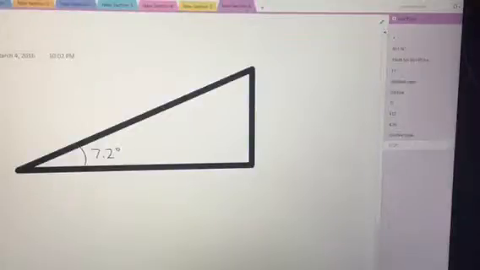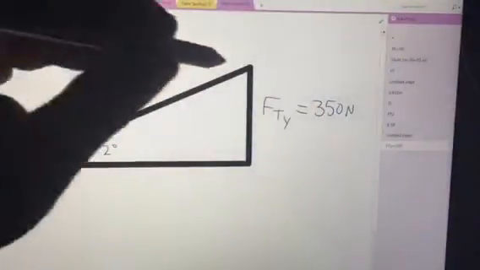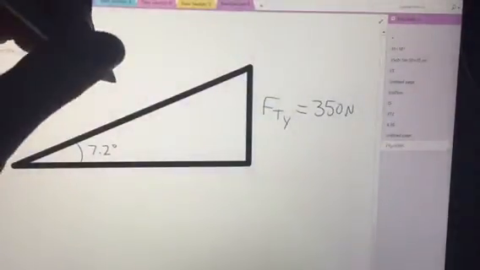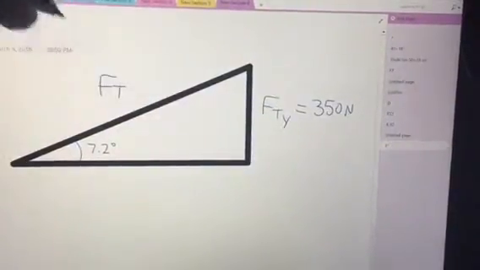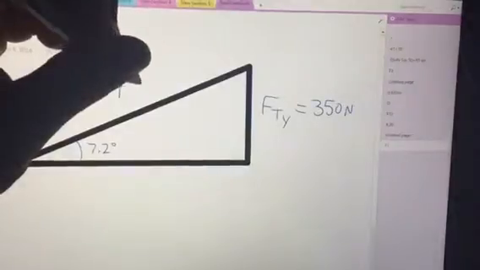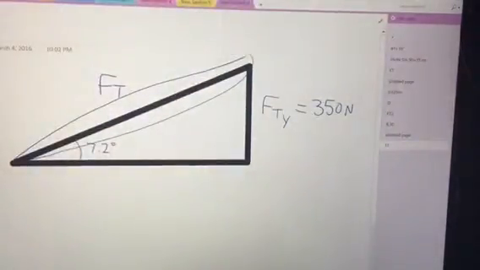So now, using this 7.2 degree triangle that we just solved for, we can switch our focus away from the distances and plug in the forces acting on it. The vertical component of tension, which we know to be 350 newtons, is the y component of this triangle, and the force of tension is the hypotenuse of this triangle.